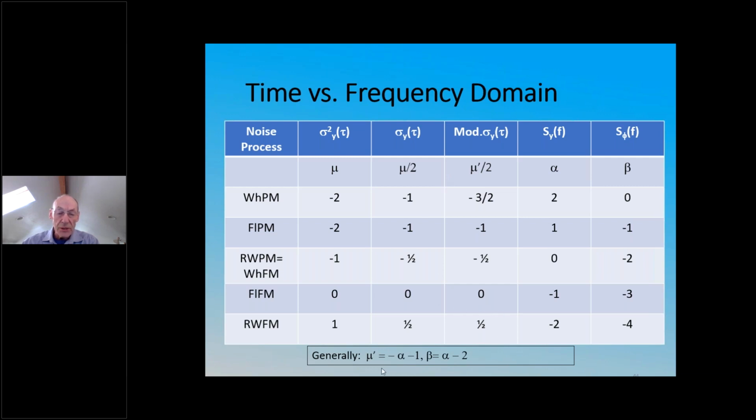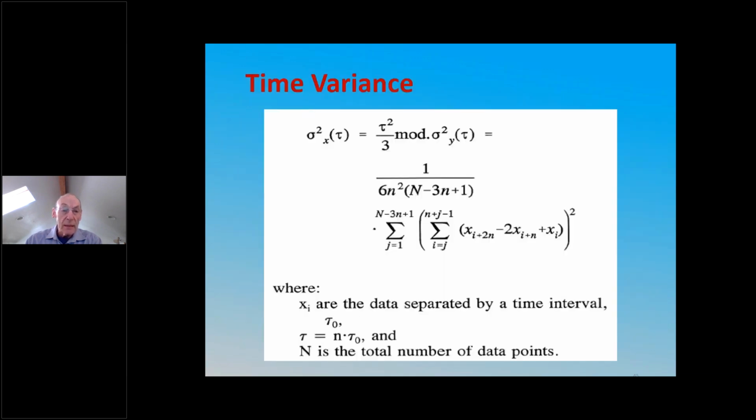And so the relationship is that mu equals -alpha -1, where alpha is the exponent of the frequency spectrum and mu is the slope on a log-log plot of the modified Allan deviation. So that's very cool. It simplifies a way of characterizing all these noise types, but we still want to talk about how can we see phase noise better.